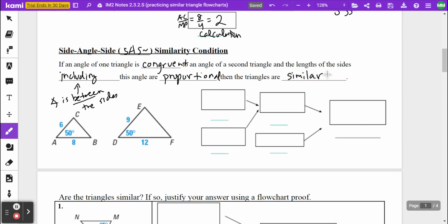Okay, so we have a similarity statement to make. Triangle ABC, hopefully it's similar to triangle DEF by side angle side similarity.